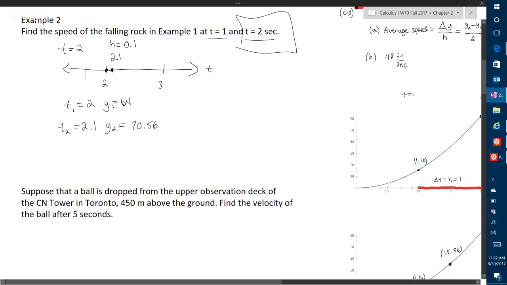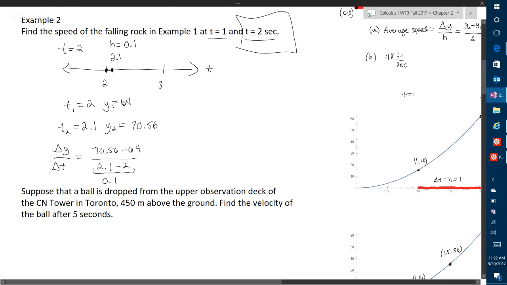Now the change in y divided by the change in t. This is 70.56 minus 64, all divided by 2.1 minus 2. However, you already know that this is going to be a length of 0.1.